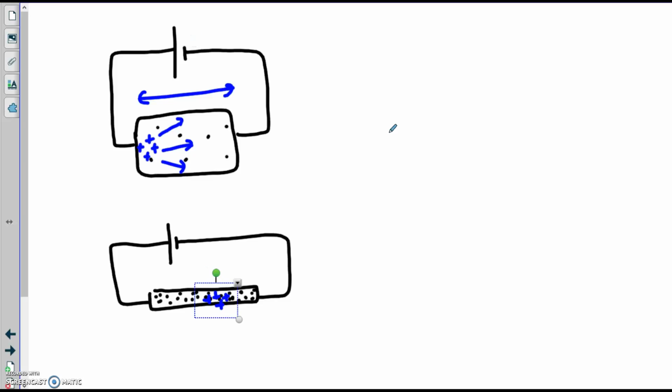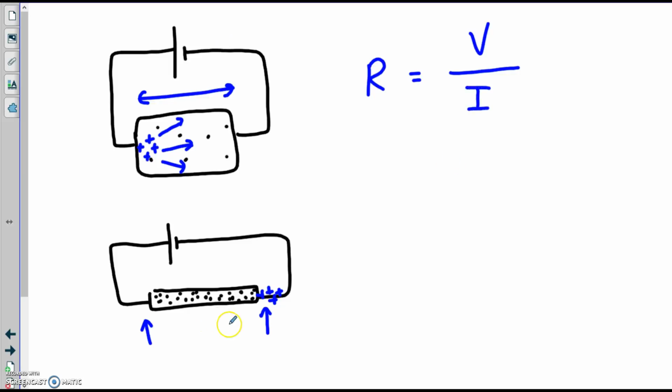We define resistance as the potential difference across a device, so from right here to right here, how much energy is lost per coulomb, and we divide that value by the current through the device. So if you choose a cross-section, how many charges or what amount of coulombs flows by per second.